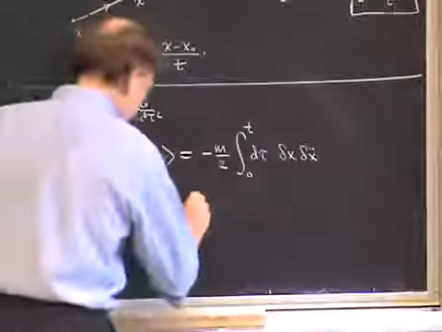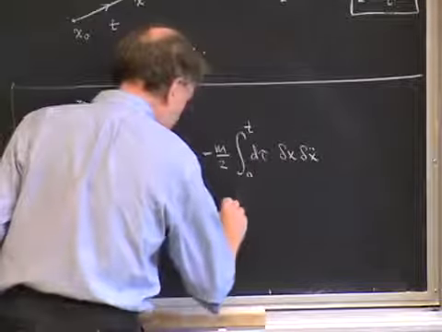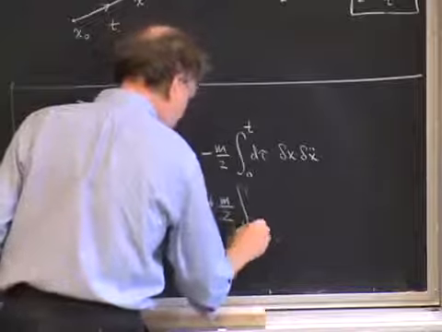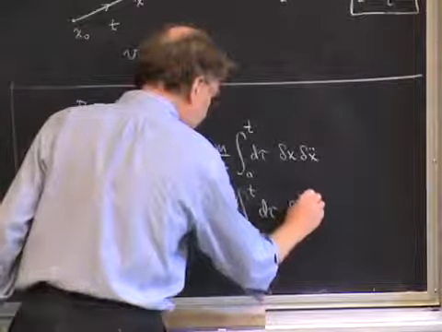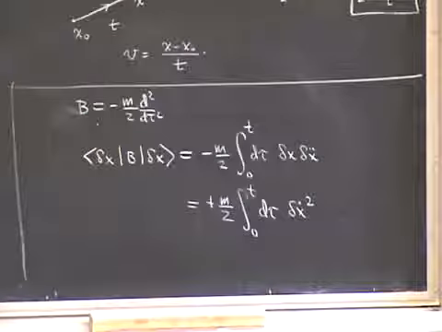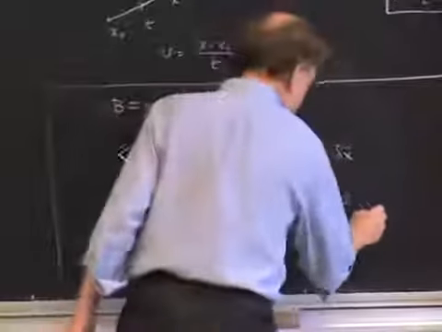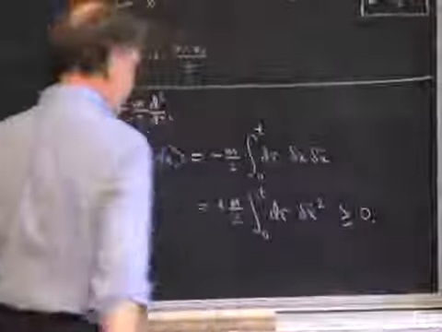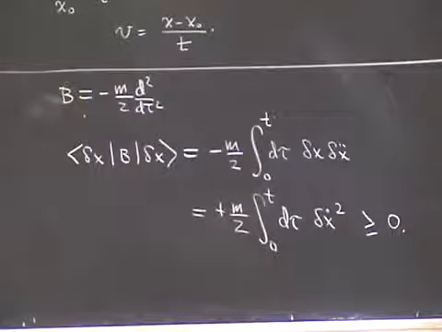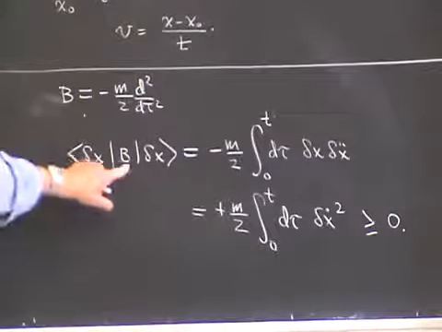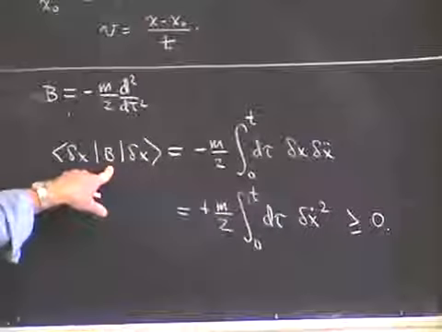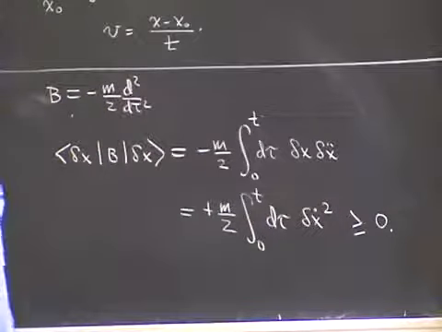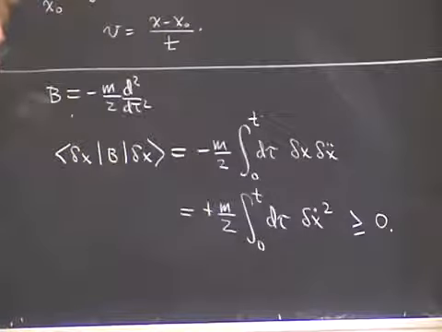But if we integrate this by parts, this becomes plus m over 2, and remember, delta x vanishes at the endpoints, the integral d tau of delta x dot squared. And this, as you see, is greater than or equal to 0. And so the result is the operator is positive definite, and therefore it doesn't have any negative eigenvalues, and mu is 0. Therefore, the action really is minimum along the orbit for a free particle.